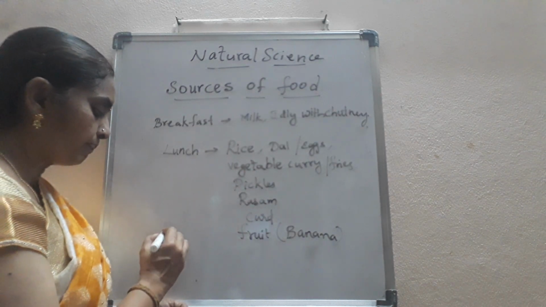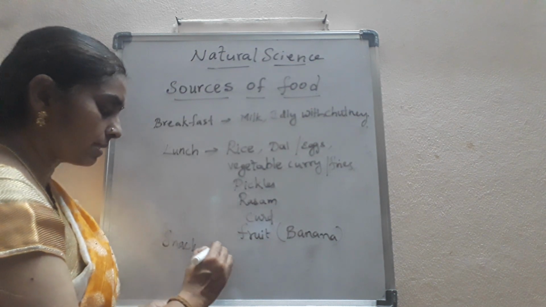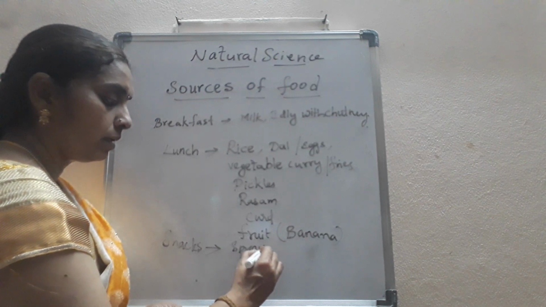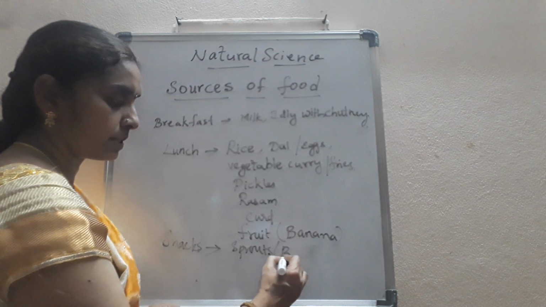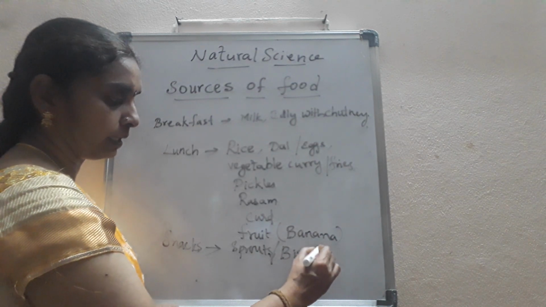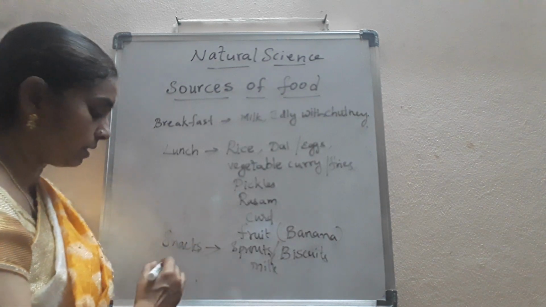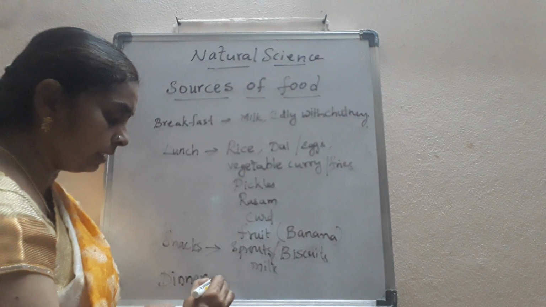Next, coming to the snacks. During snacks, you will add the sprouts or any biscuits, isn't it? Sprouts or biscuits with milk. And the milk again, isn't it? And next, dinner. What do you add in your dinner, children?